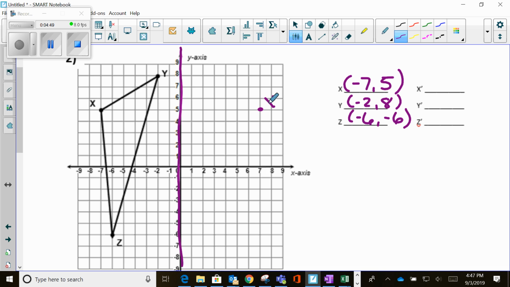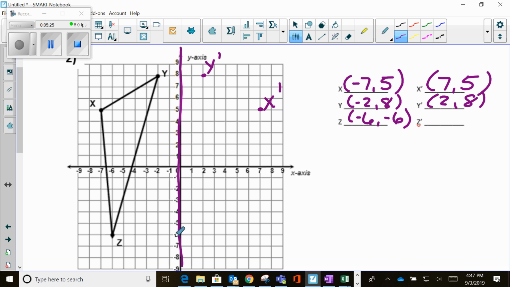So my X prime point, from the origin, is +7, +5. Now I need to find my Y, which was 2 units to the left. So I move 2 units to the right, write my Y prime, and that new coordinate, starting at the origin, is 2, 8.